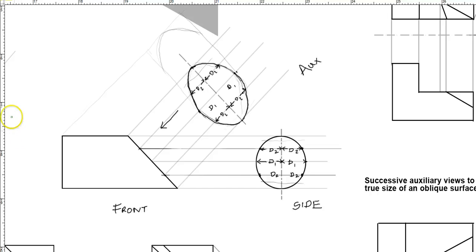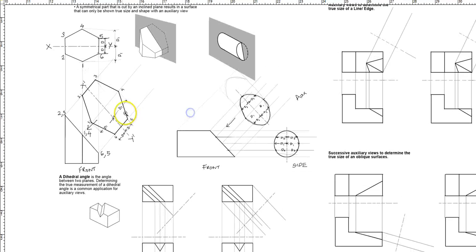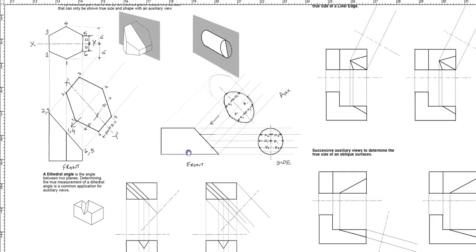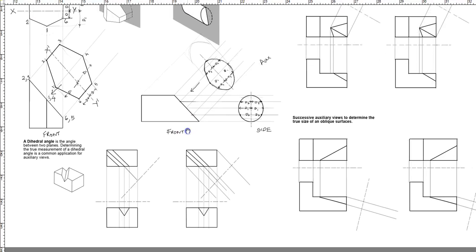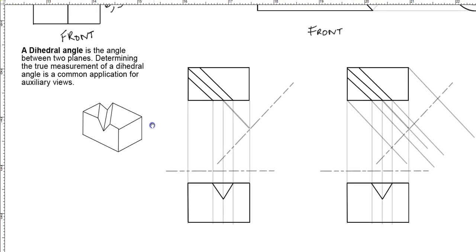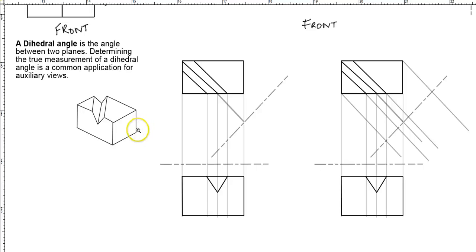Okay, now we already have two examples over here that we did. One was for drawing this hexagon and the other one is for drawing this cylinder. So the next one that we are going to be covering here is going to be an example of dihedral angle.